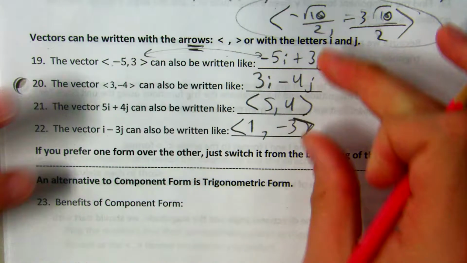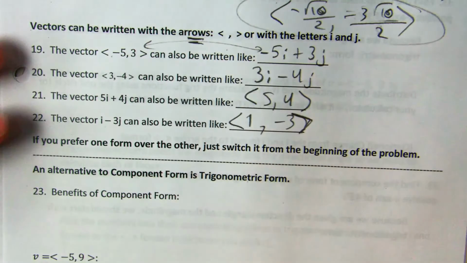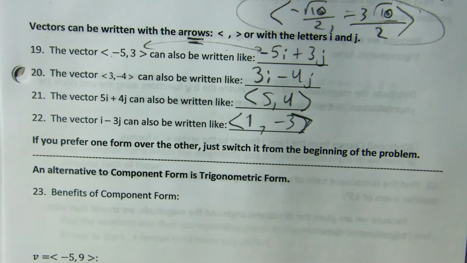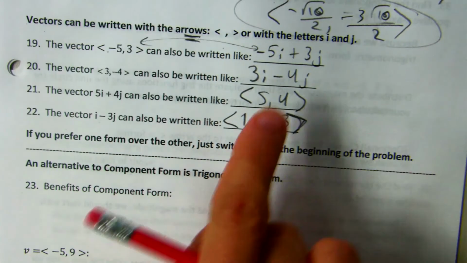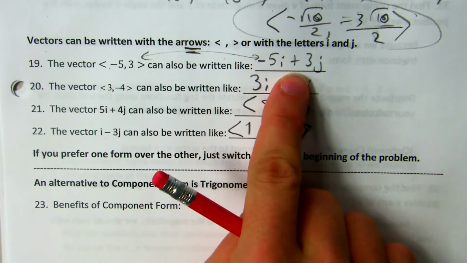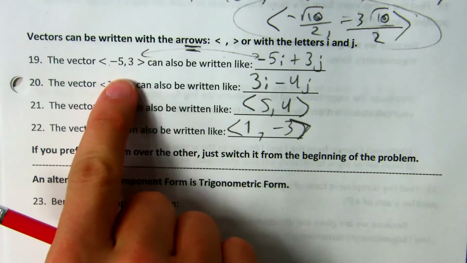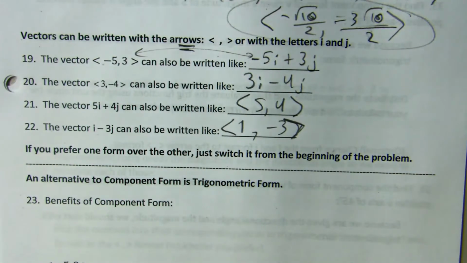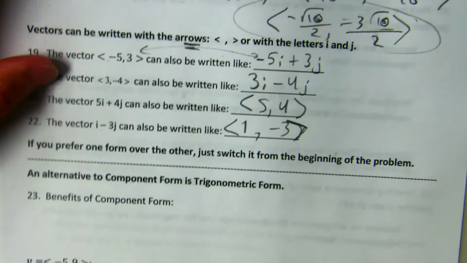So from here on out, some questions will look like this and some more like this, but it's the same thing. And if you really don't like the way this looks, at the beginning of the question, you could just make it look like that. You just switch it over if you want to.